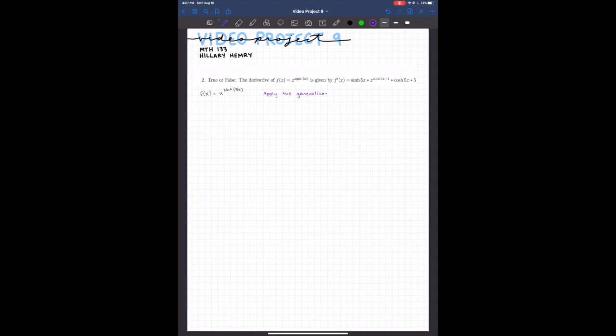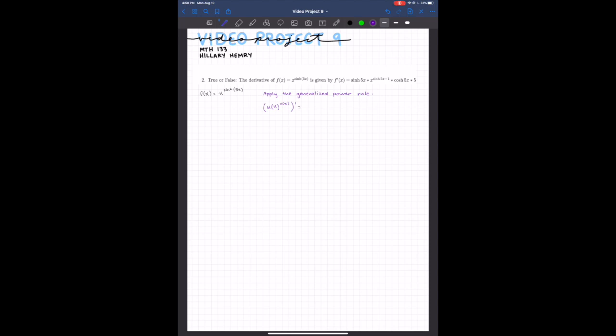And then after looking at it, I'm going to decide to use the generalized power rule. And right now, I'm writing out that rule for reference, and then I'm going to be highlighting to show which parts of this equation are going to equal the parts shown in this general rule.